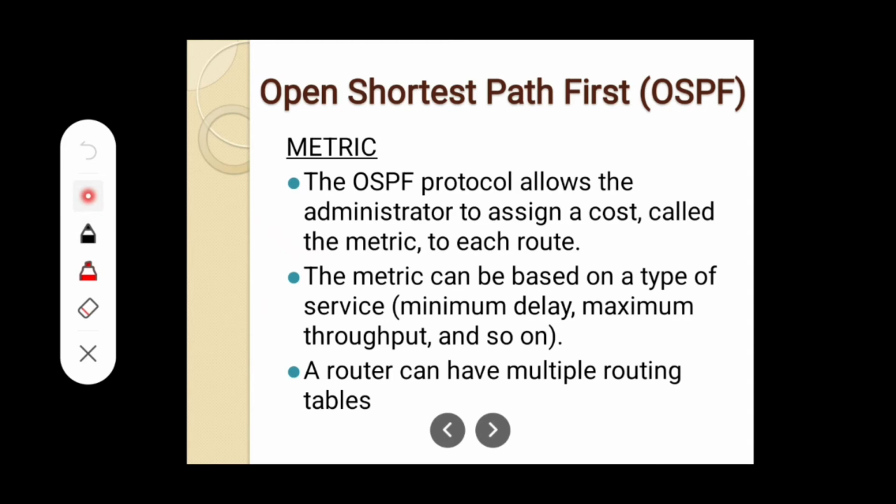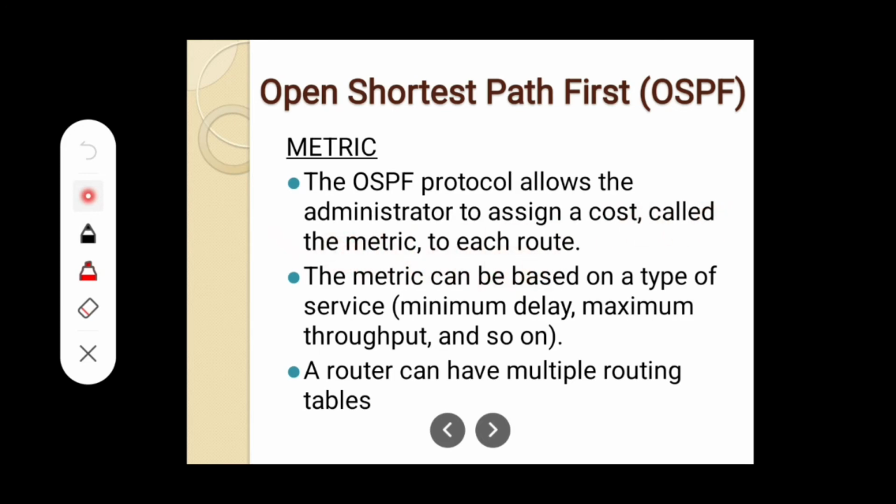We have already learned about the hop count, the number of hops to reach from source to destination. Similarly, here also we are having a metric, and the metric can be based on any parameter. The OSPF protocol allows the administrator to assign a cost, called the metric, to each route.